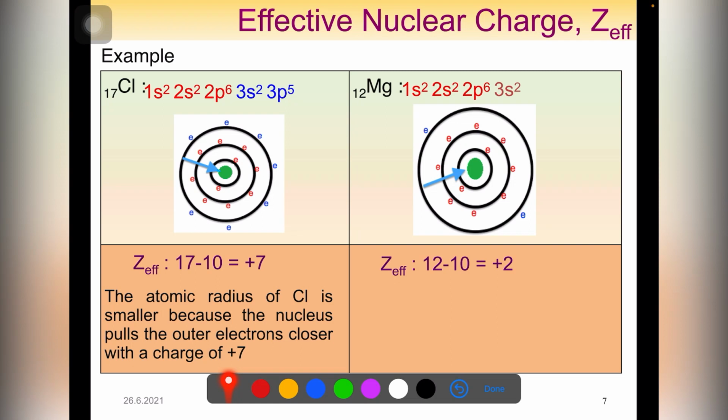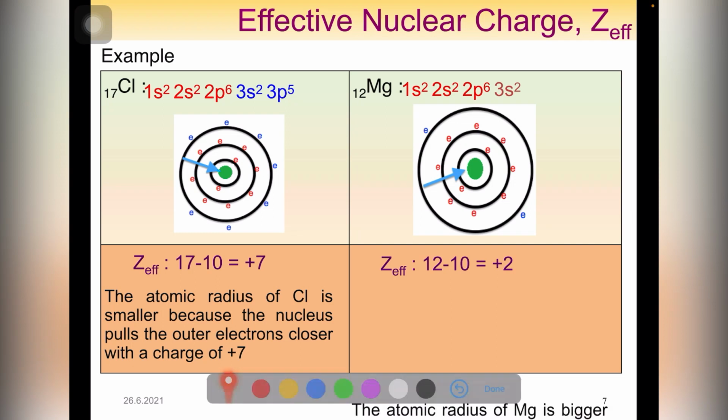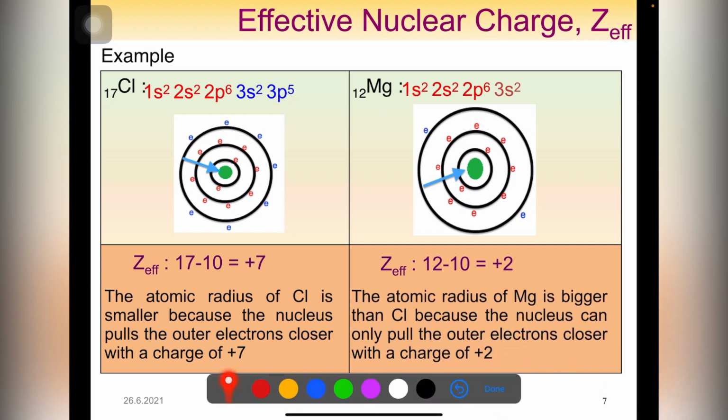It shows that each electron only feels positive 2, the effective nuclear charge. That's why the attractions are weaker, and it will cause the atomic size to become bigger.